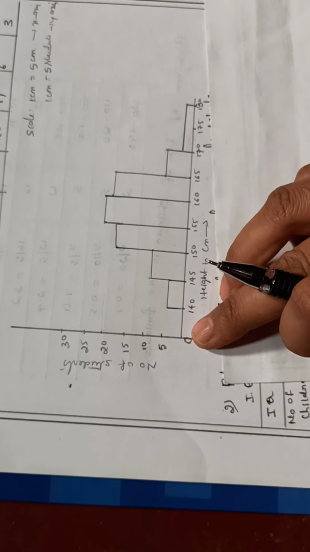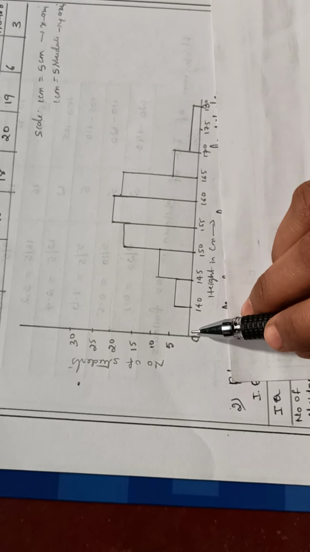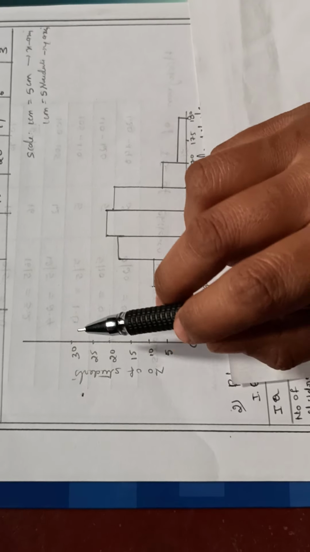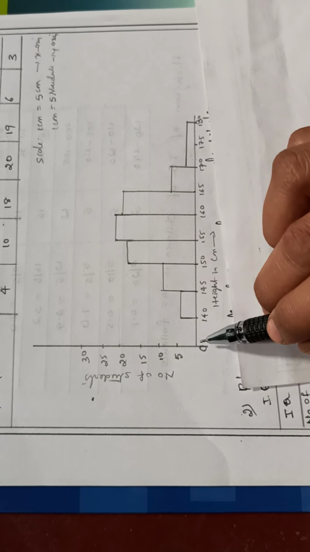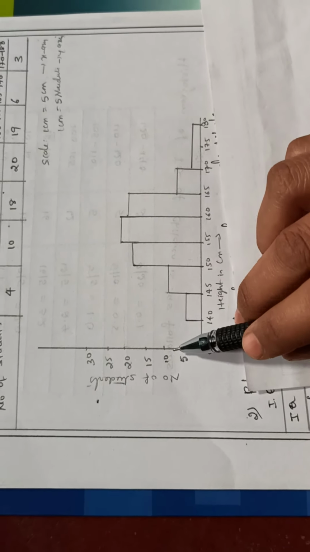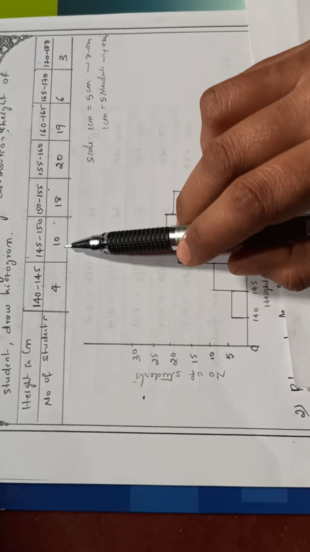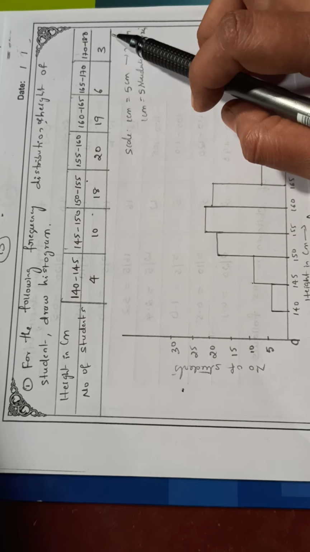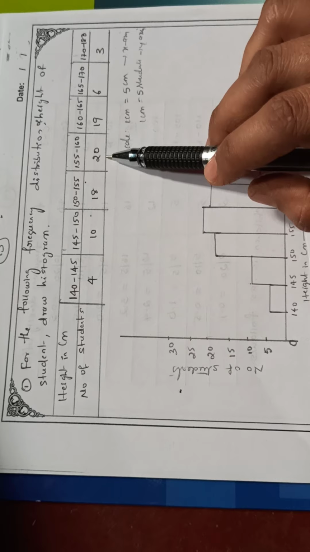It's your wish, you can take any scaling you want. If you want, you can just write 0, 1, 2, 3 and so on up to 30, or you can take the difference of 2 also, but I am going to take the difference of 5 itself, because for the number of students, the least number is 3 and it is going to end at 20 over here.